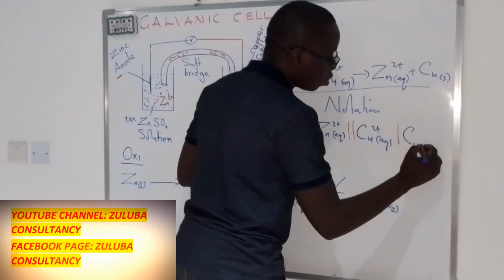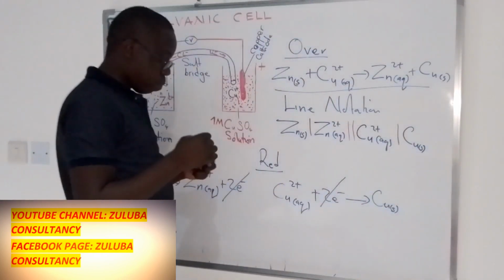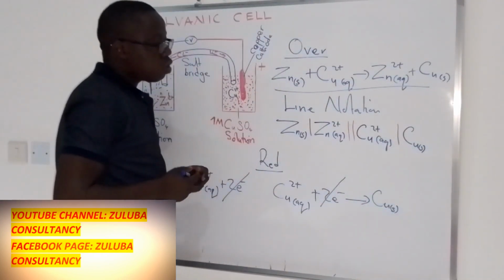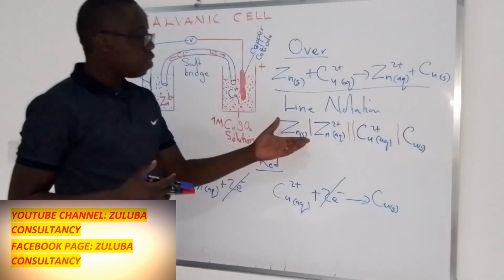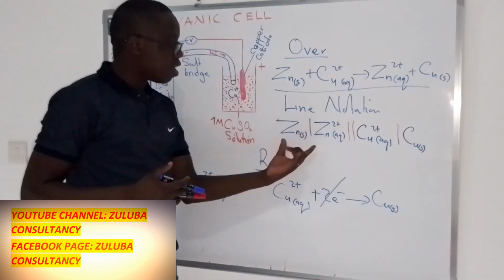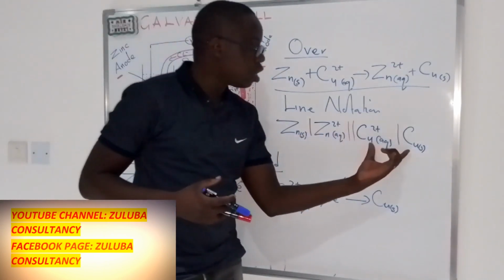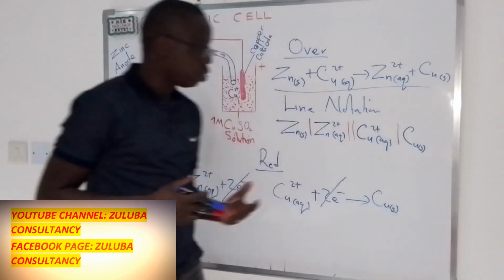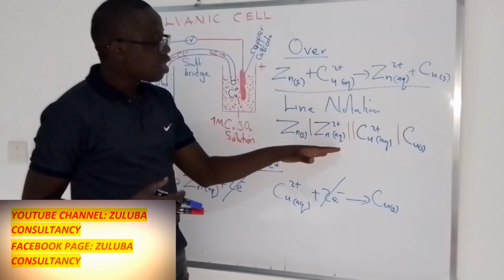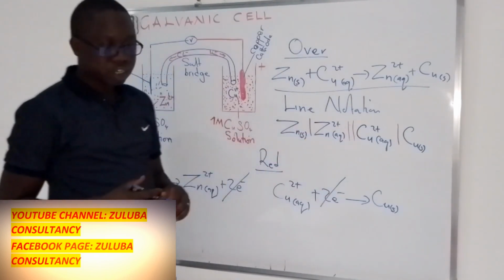So copper metal, which is solid, is being produced there. So you can now notice that there is the representation of the anode and the representation of the cathode. So this is how we write the linear notation.